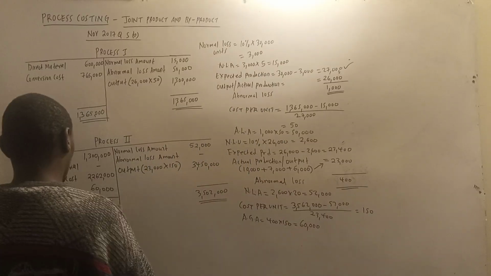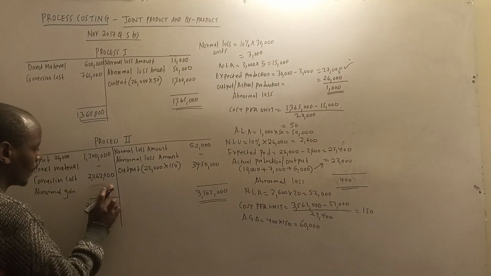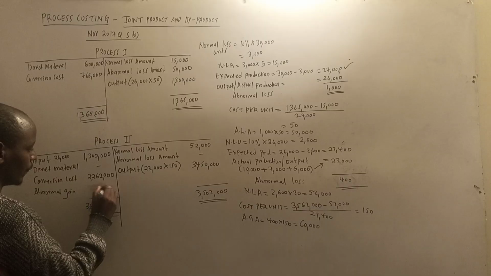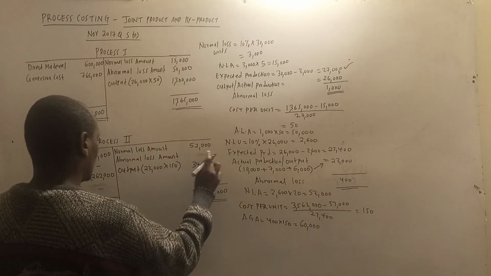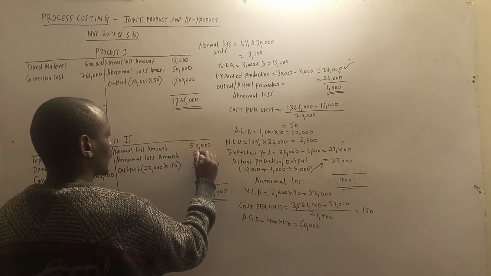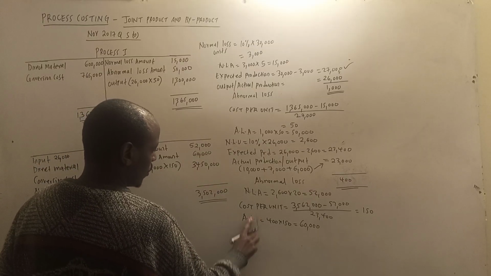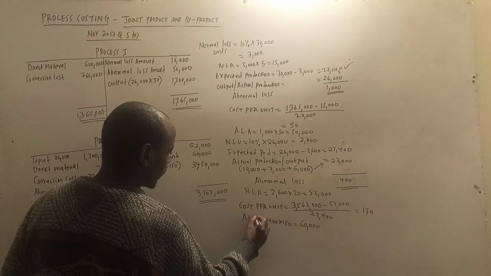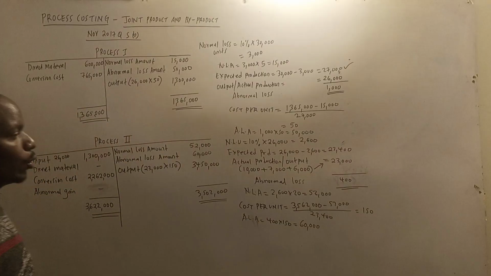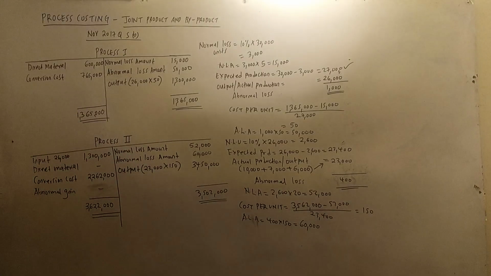So meaning, in this case, you don't have figures, but in this case we have 60,000. So that is abnormal loss. It's supposed to be a loss, not a gain.